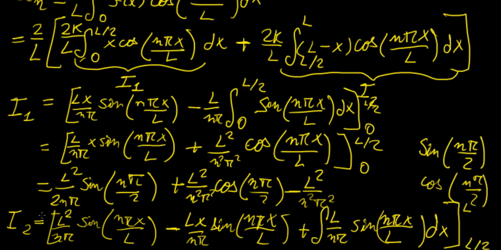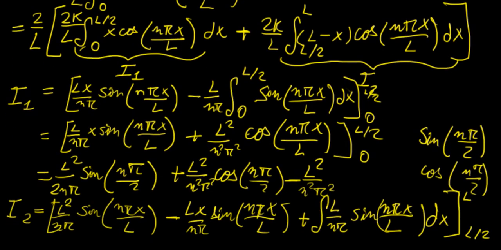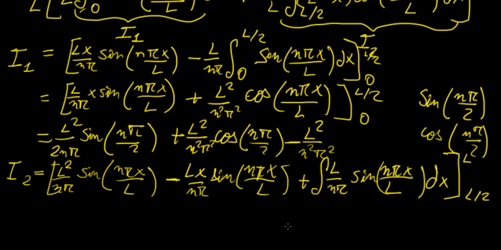So you can see that this is a fairly complicated procedure, even for this very simple triangle function. We have gone through this whole process here, and it's a lot of integration. Integration by parts is probably the one thing you will be using the most with this kind of thing.